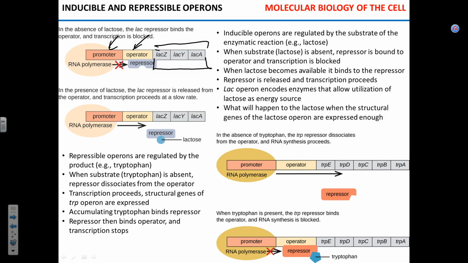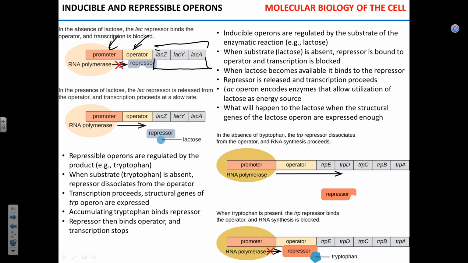When they are expressed, the cell can. That's the very first statement. Does that make sense? When genes are not expressed, the cell cannot do anything about lactose. When they are expressed, the cell uses lactose as a nutritional source.